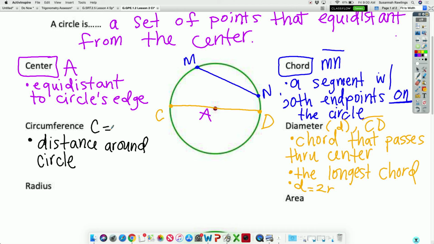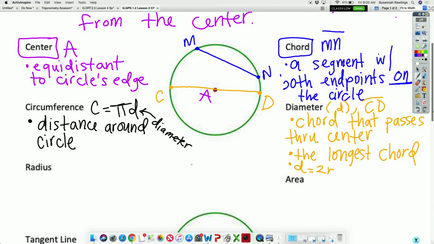We'll write it down here. Equation for circumference? Pi times diameter. Good. Okay, we're not going to draw a picture of that, but just know it's going to be that distance all the way around. So basically our perimeter.